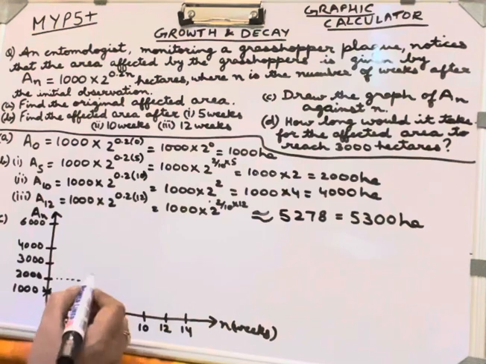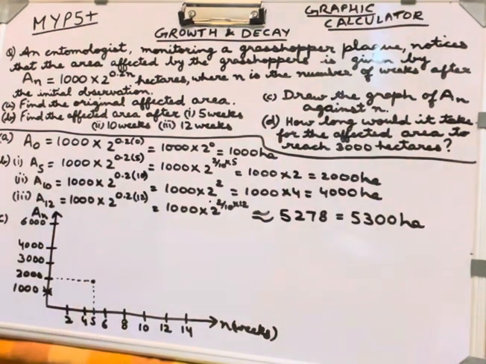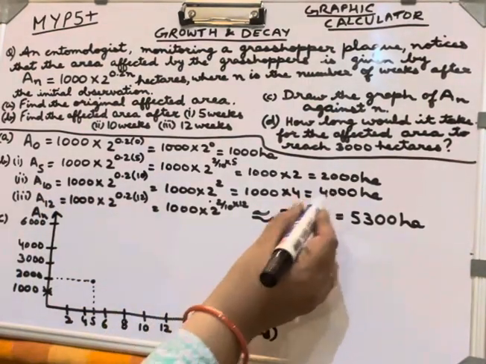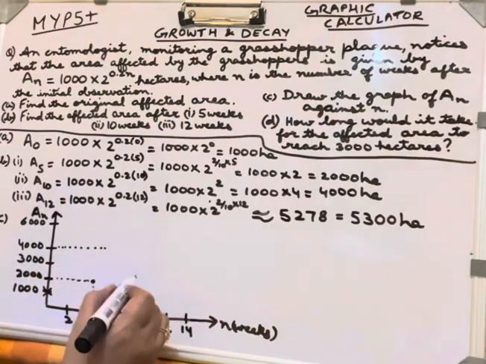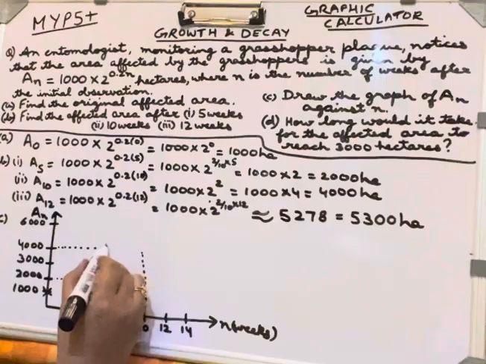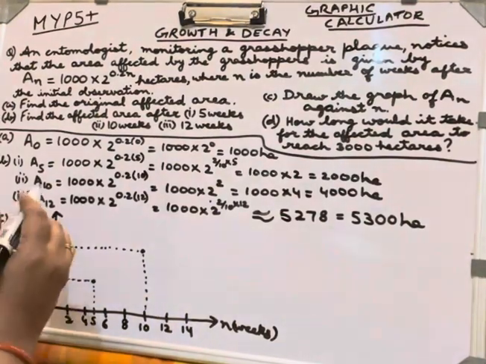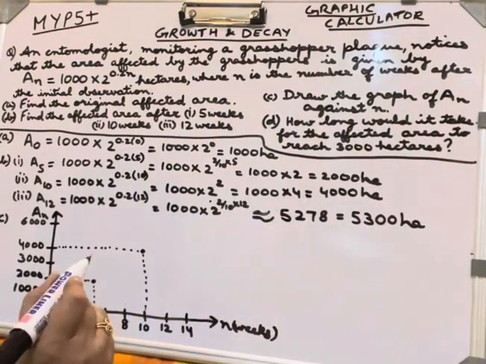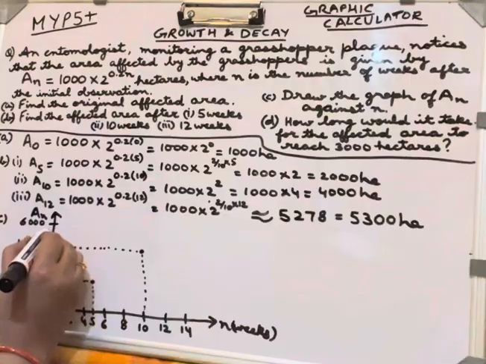So this is my next point. Then A_10, the value is 4000 hectare. So I'll try to label this here. Then A_12, which is 5300 hectare. So 5300 must be somewhere here.